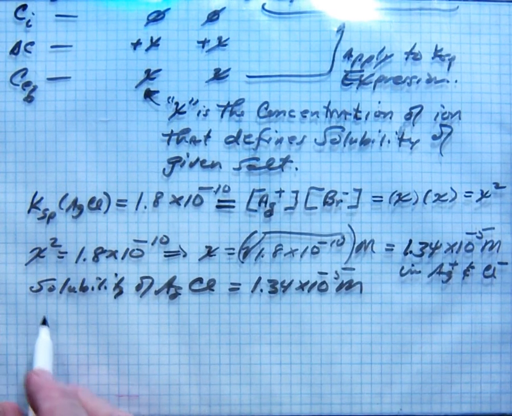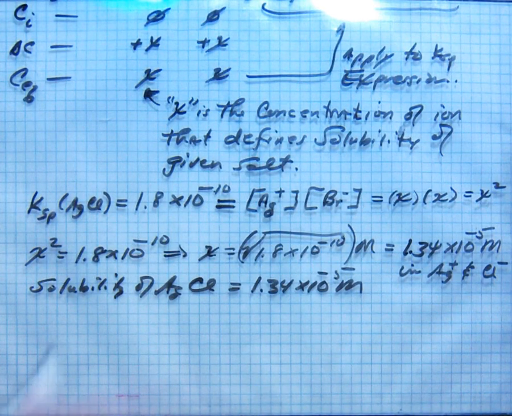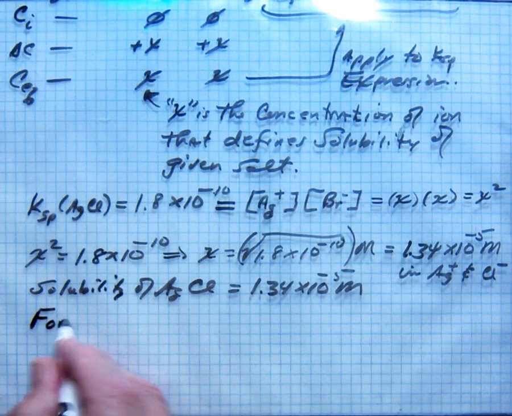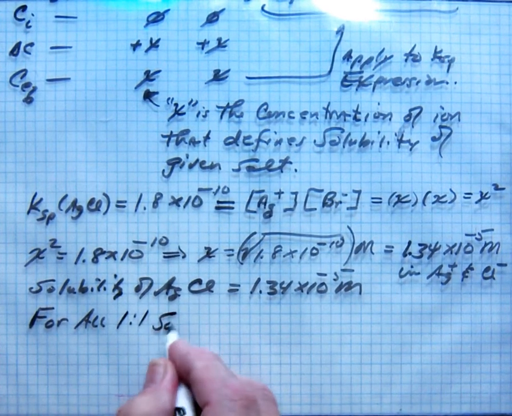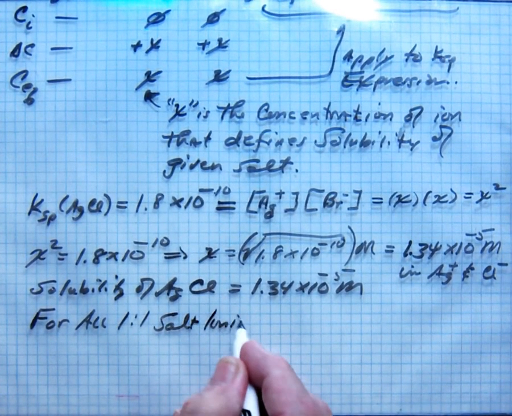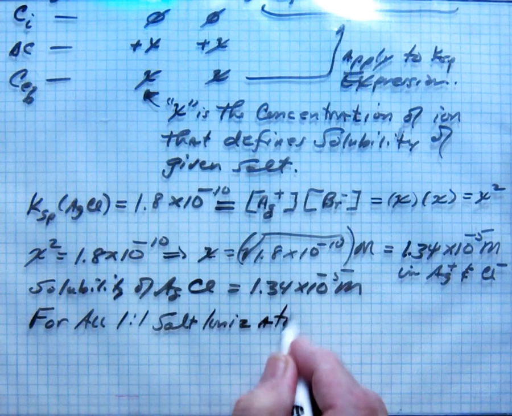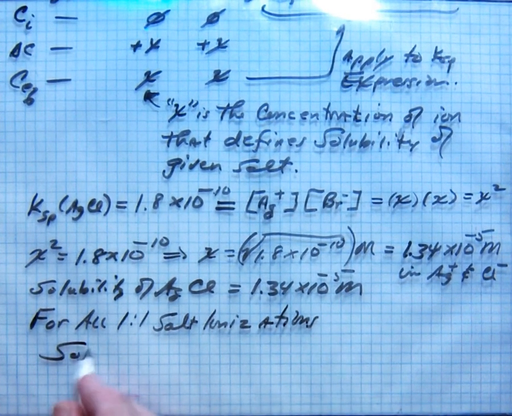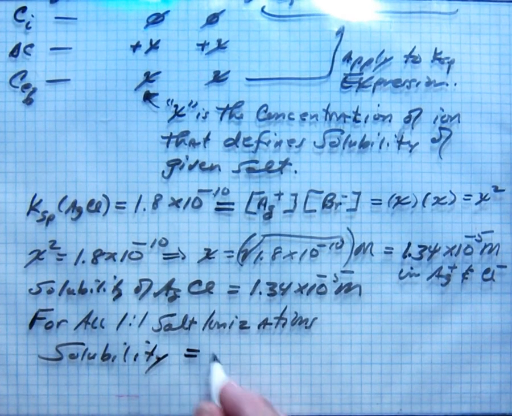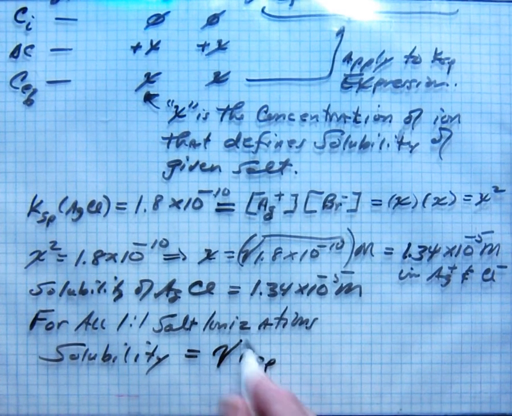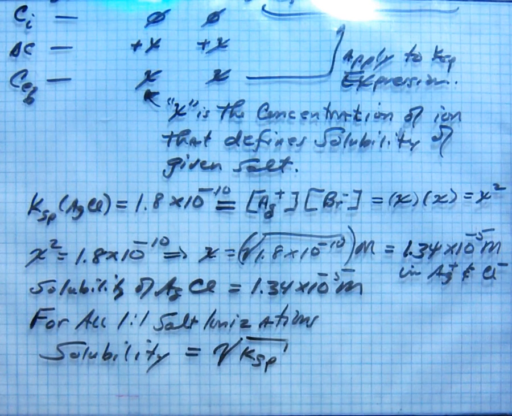So what we can do is come up with a generalization here for all 1-to-1 ionizations. Solubility of any salt that ionizes 1-to-1 is the square root of the KSP.